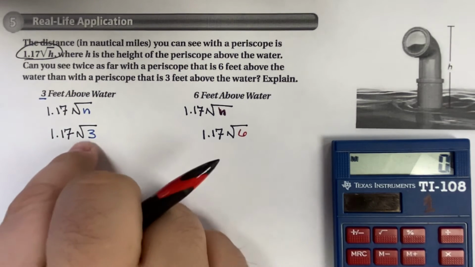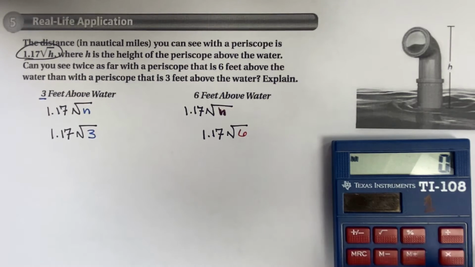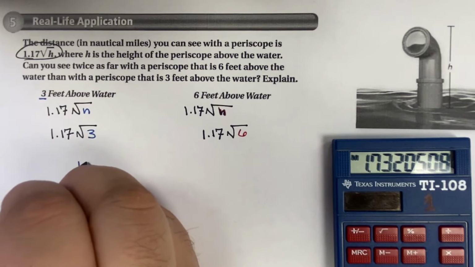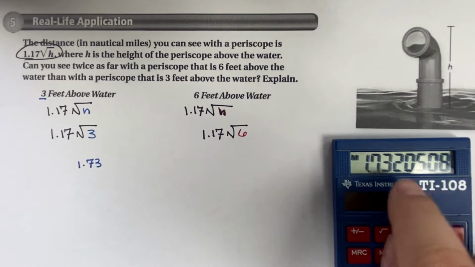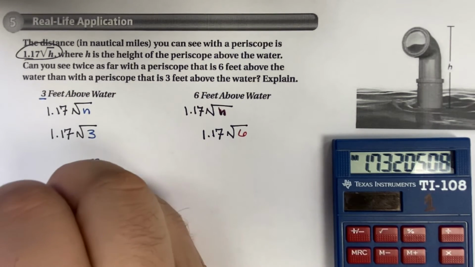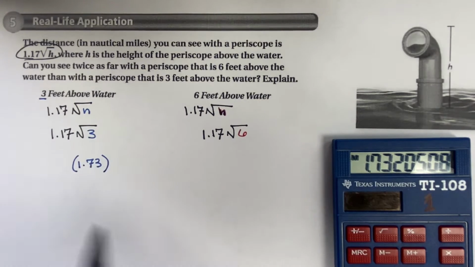I'm actually going to start with the square root, because remember, order of operations, we have to do roots and exponents first. So I do the square root of 3, and here I'm going to get 1.73. There's a lot more, but after the 3 is a 2, so that means I keep the 3, and I'm just going to use 2 decimal places, because that's about as much as I really need.